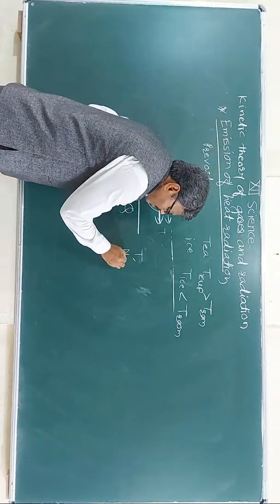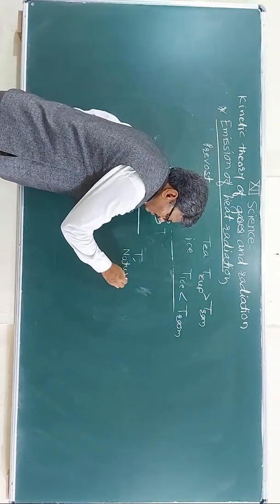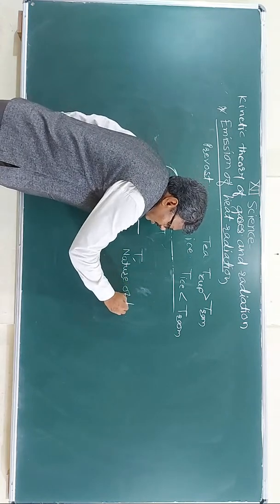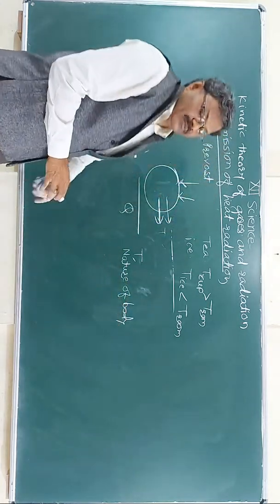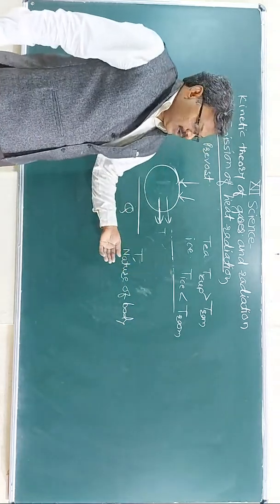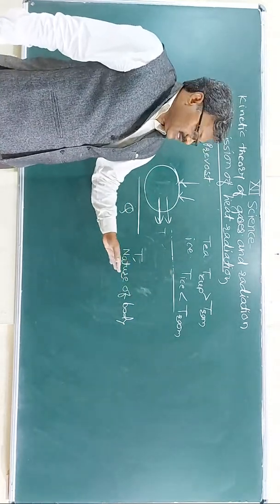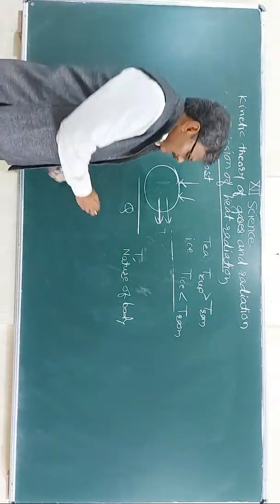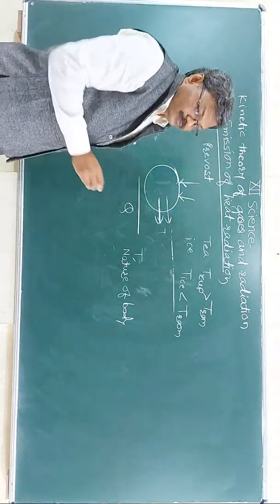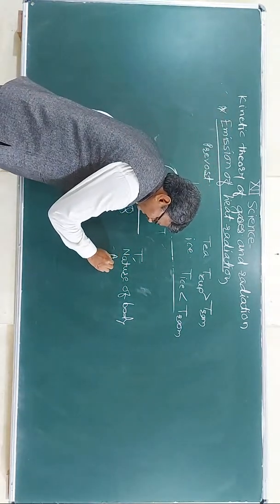Also, it depends upon the nature of the body, meaning the nature of the material, and also the nature of the surface of the body. And it also depends upon the area of the surface.